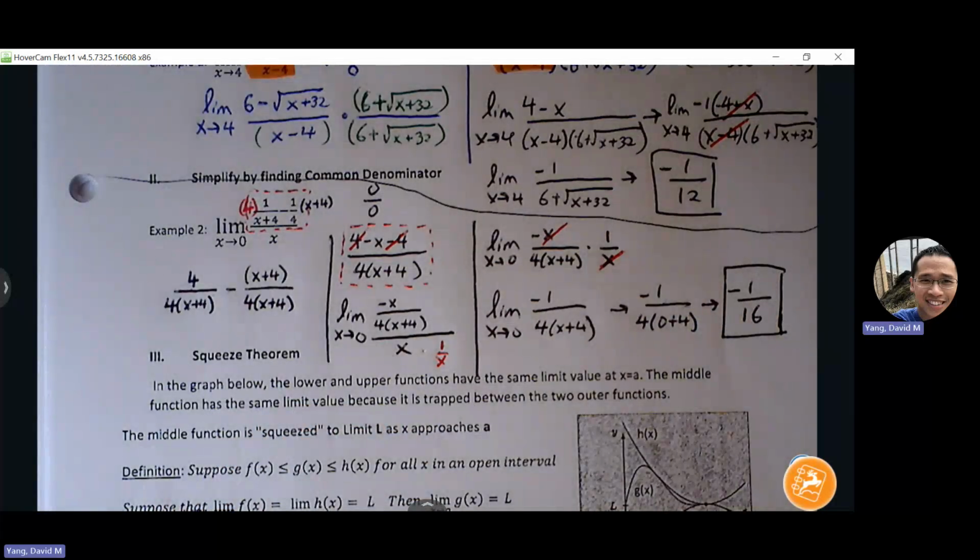So would we get marked off on the AP exam if we didn't write the limit? That's up for debate. It depends on what they decide on, because they always have training for a question before they let the graders start grading. But I probably just assumed that they would, maybe.